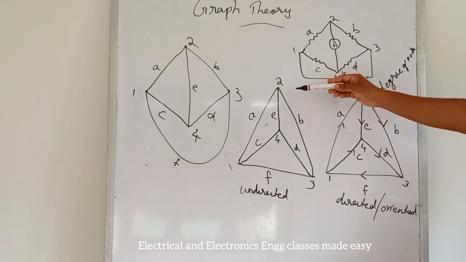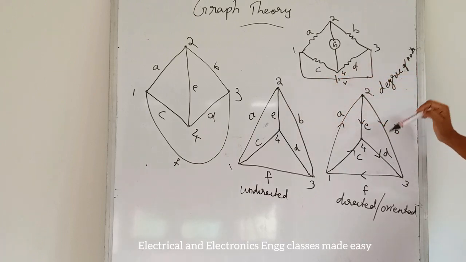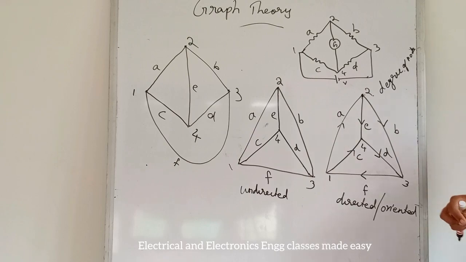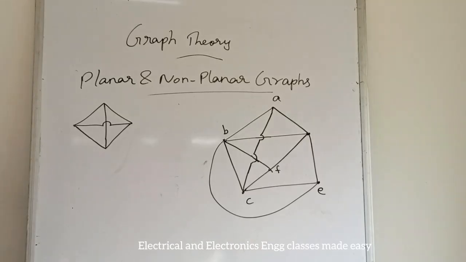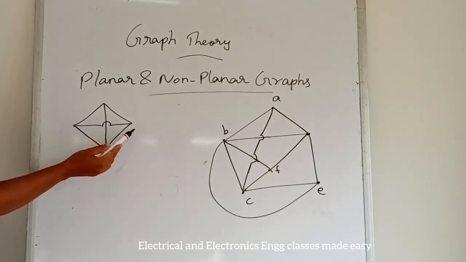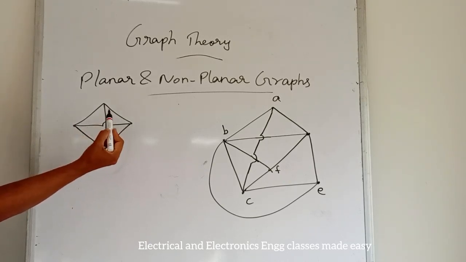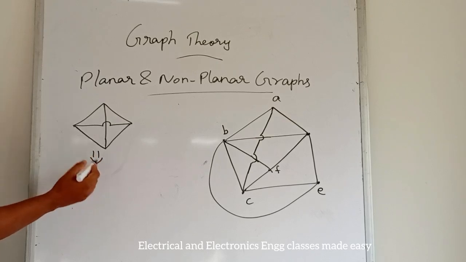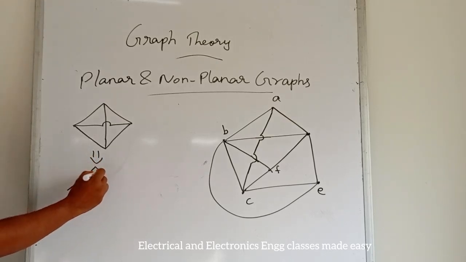So this is about the undirected and directed graphs. Next is planar and non-planar graphs. A graph is said to be planar if it can be drawn on a plane surface without any crossovers. So look at this graph. There is a crossover here, but this graph we can draw in another way.